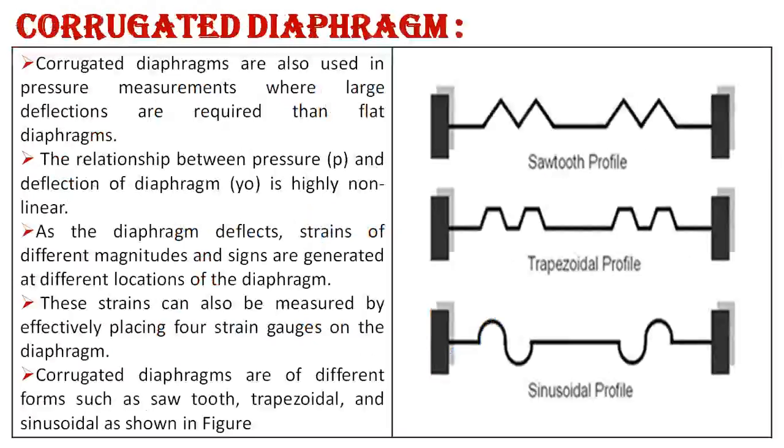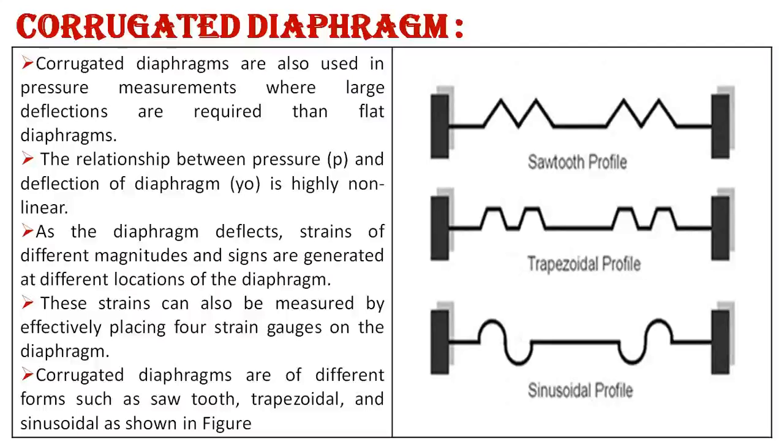Now the second type of diaphragm is the corrugated diaphragm. Corrugated diaphragms are also used in pressure measurement where larger deflections are required than with flat diaphragms. The relation between pressure and deflection Y0 of the diaphragm is highly nonlinear.